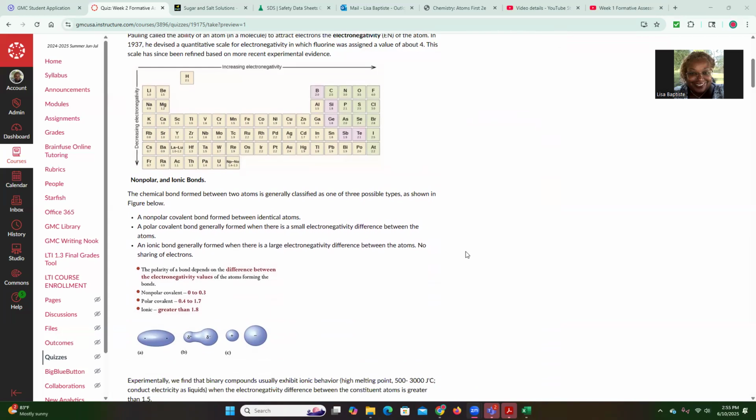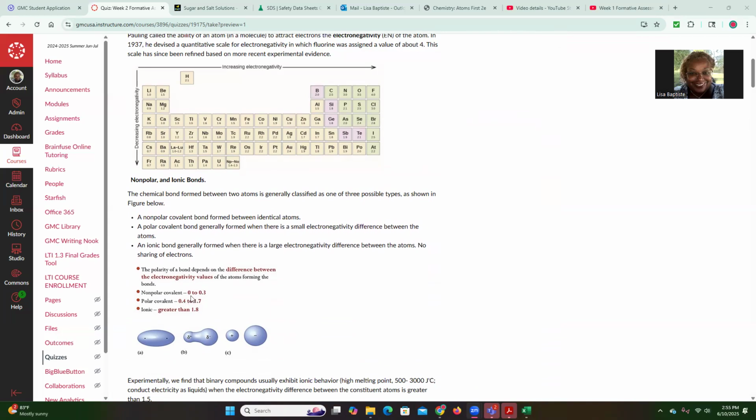When we take the difference between the electronegativities of two elements combined in a bond, we can determine if that particular bond is a nonpolar covalent bond, a polar covalent bond, or an ionic bond.